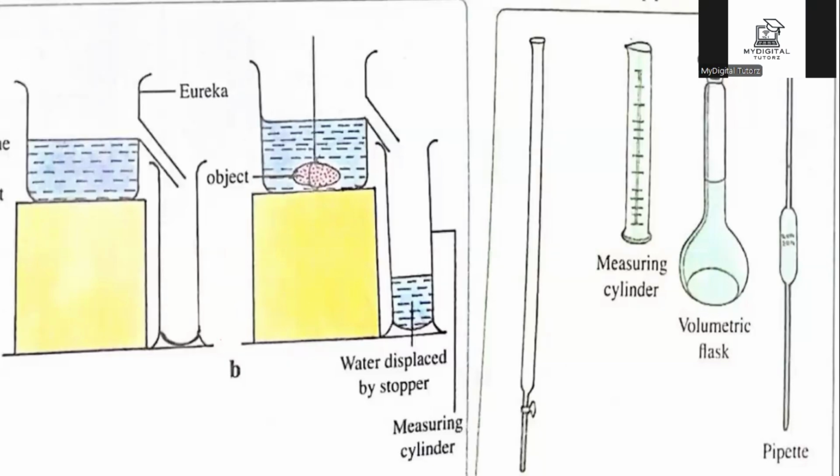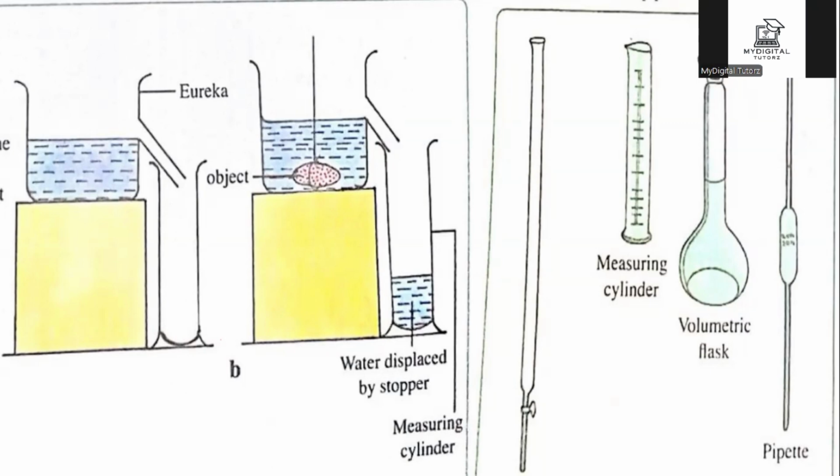You fill the Eureka can to the brim. You suspend the irregular object you want to measure and insert it inside the Eureka can. So the water will now overflow due to the volume displaced by the object you inserted.